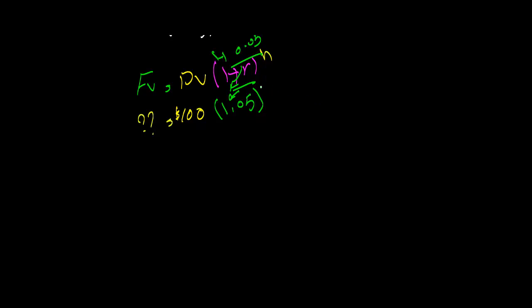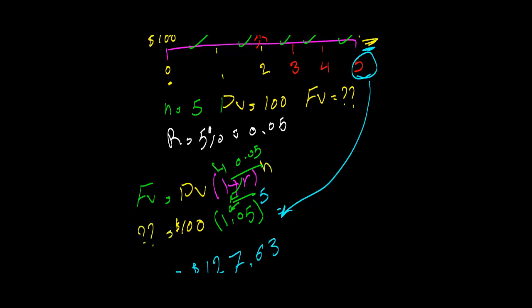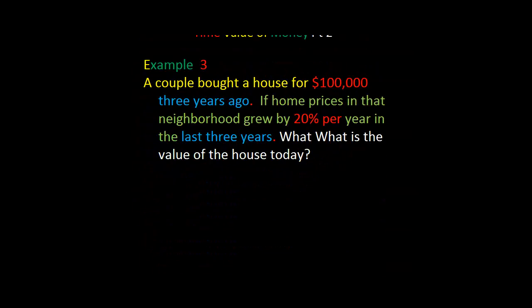The number of periods is 5, and that's going to give us an answer of 127.63. So this is the value of our investment account at time 5, which is what the question asked.